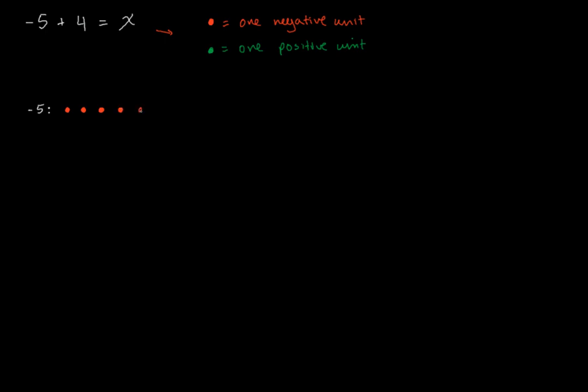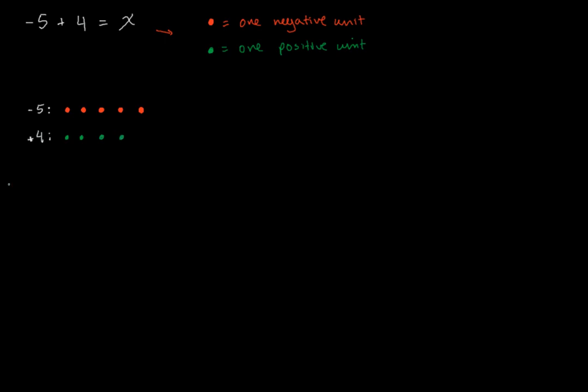And then I'm going to do the same thing with +4. Since the sign in front of it is positive, this gives me a +4, and that is going to represent 4 green dots because those are 4 positive units.